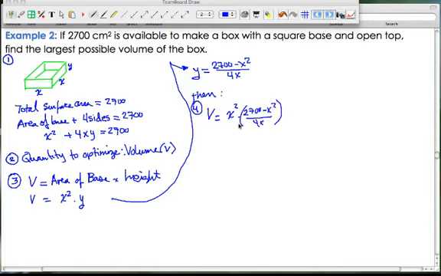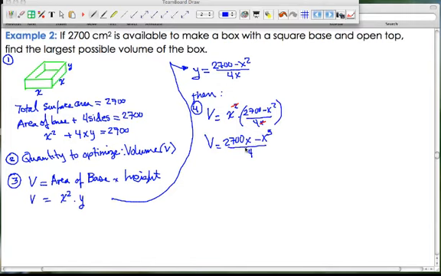Before we move ahead, we always have a look at the expression that we obtain in terms of only one variable, and we try to simplify it to the minimum expression. The first thing we notice is that we have X squared times this fraction. We can simplify this X squared with the X in the denominator. We can then express the volume by distributing: 2700X minus X cubed, everything over 4.